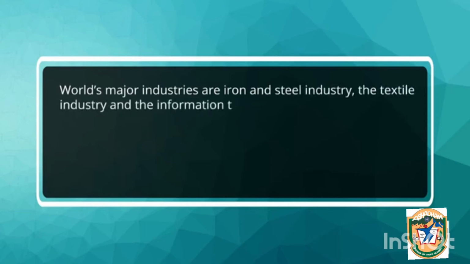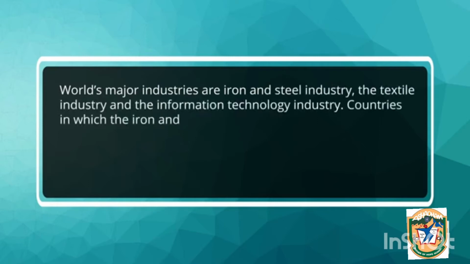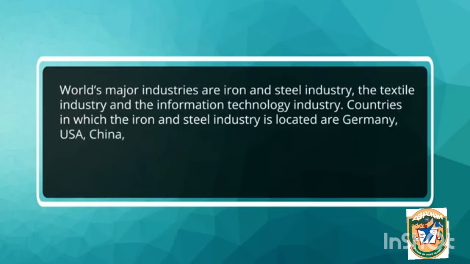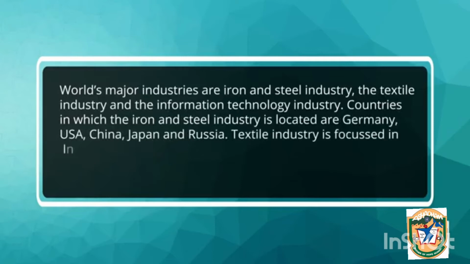Russia, Germany, China, USA and Japan are some of the countries where the iron and steel industry is found on a major scale. India, South Korea, Taiwan, Japan, Hong Kong are the countries where the textile industry is located. South California's Silicon Valley and India's Bangalore area are major hubs of IT industry.